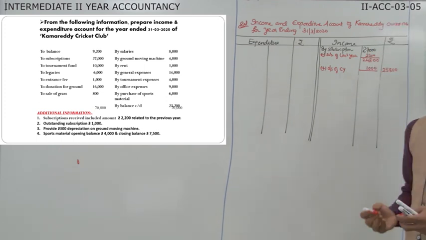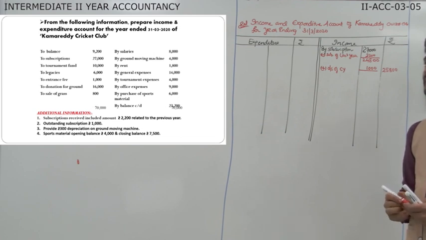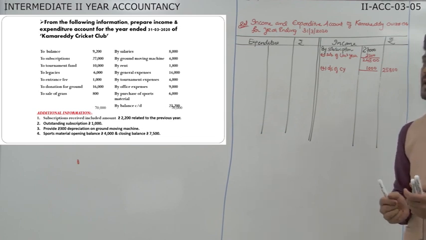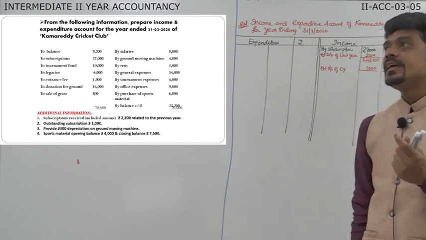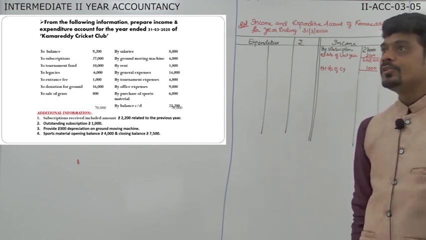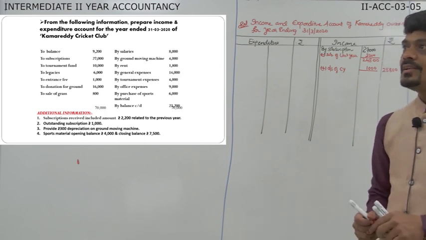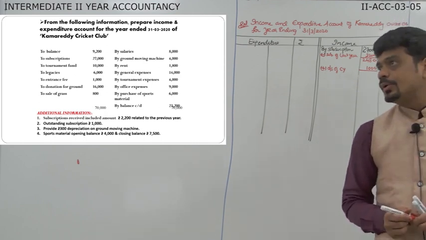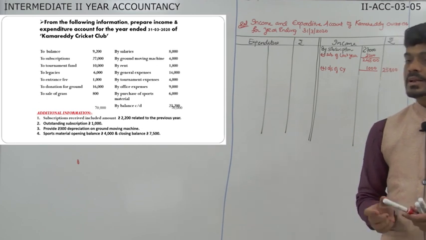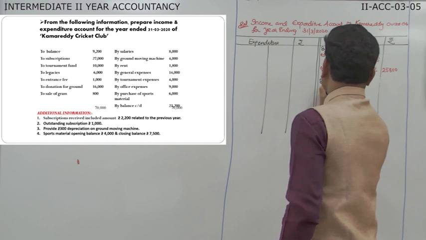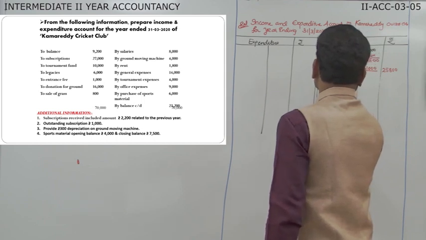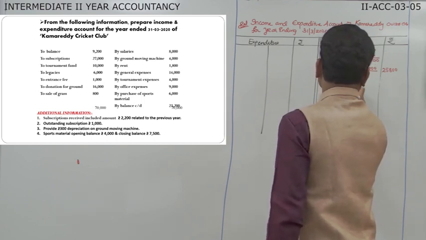Then tournament fund. What is tournament fund? It is a liability. So we cannot record tournament fund. Legacy is a capital receipt, that also will not be recorded. Entrance fee, nothing is given about entrance fee. So I told you our opinion. We'll take it as income. So we'll write income by entrance fees.